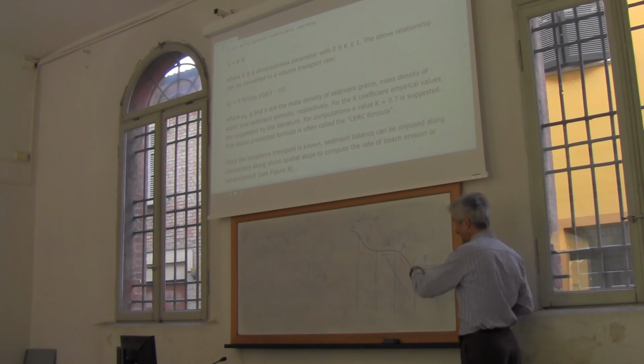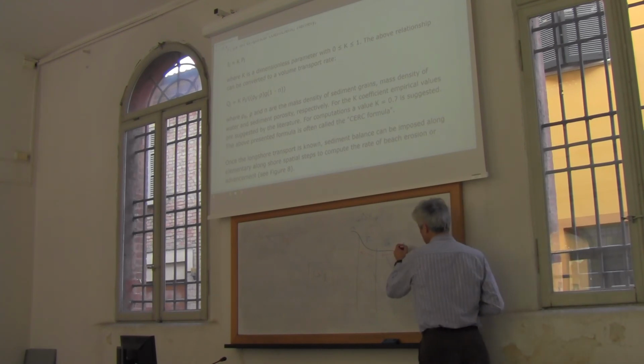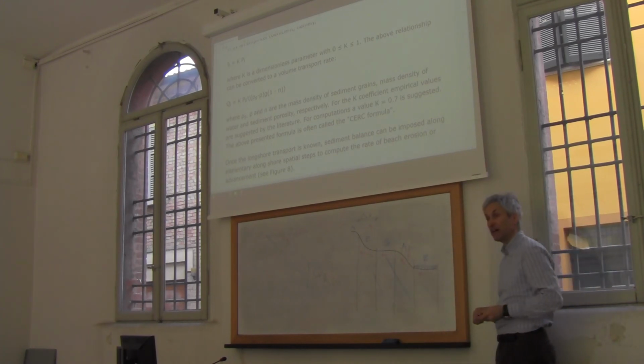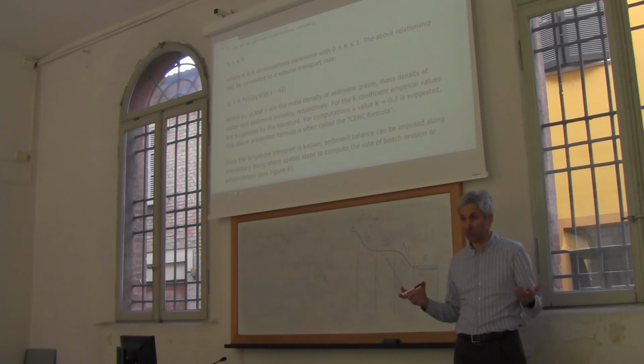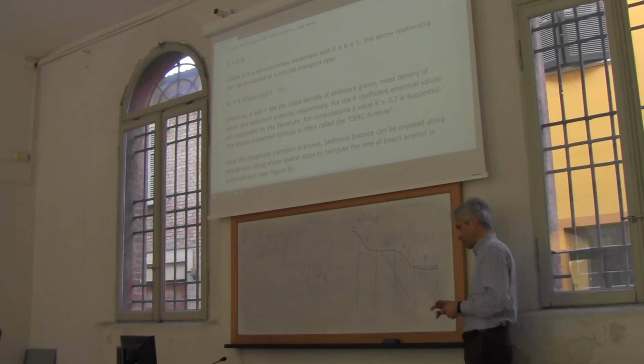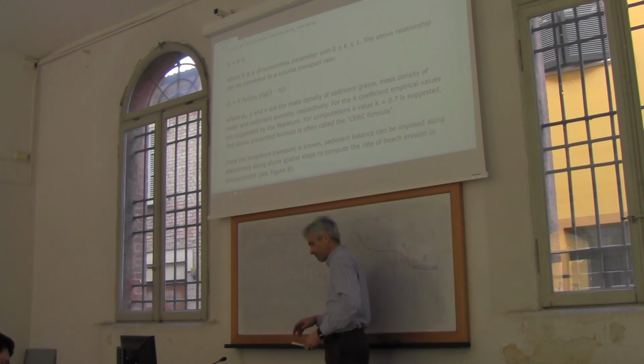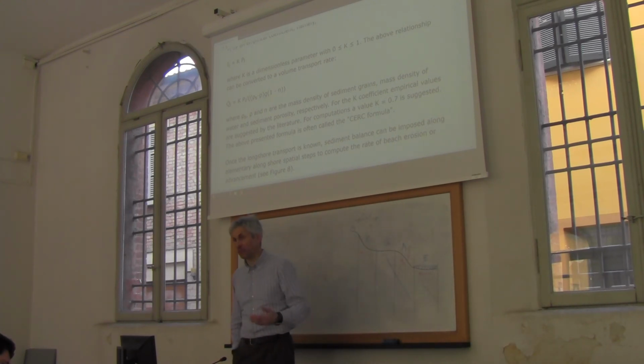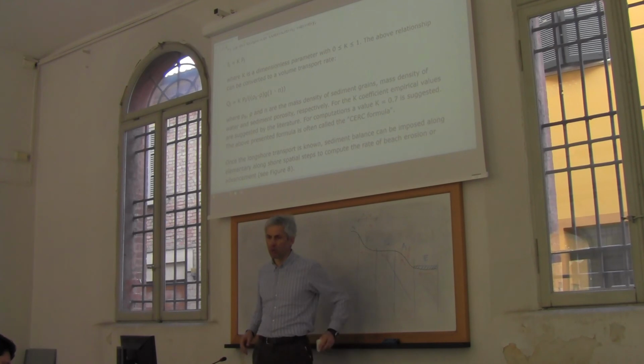If you have accretion, you have a movement of the beach seaward. But again, same question. How does this movement occur? Researchers tried to develop models to explain these processes, how the beach evolves.